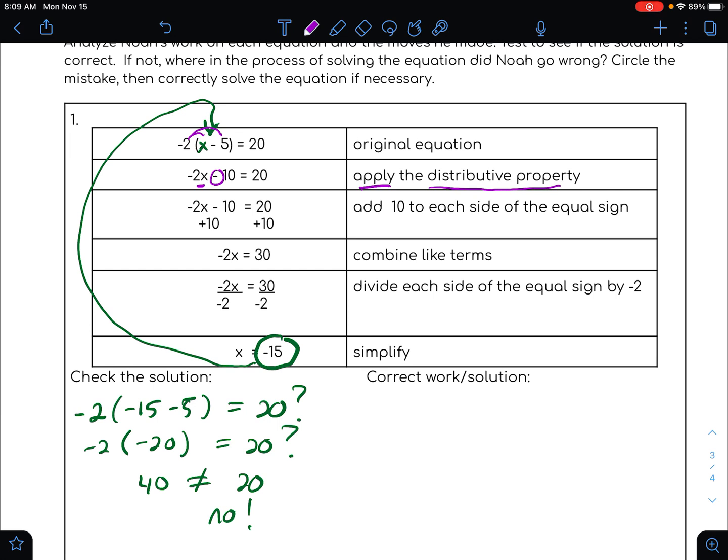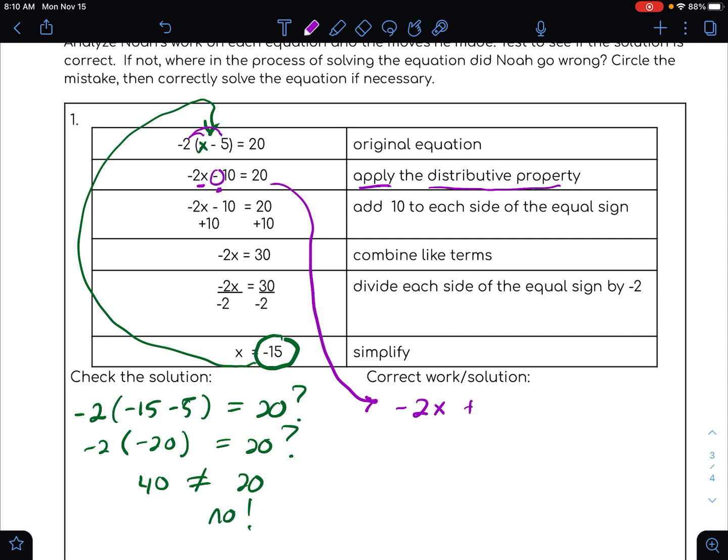A negative times a negative is a positive. So in that second step, the distributive property was correct, but the way he did it created a little error. Although some of the other steps look pretty good, the answer will be off because of that little mistake.